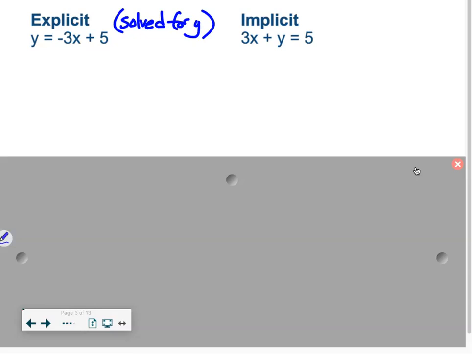Okay, and an implicitly defined function, in fancy talk, means not solved for y.